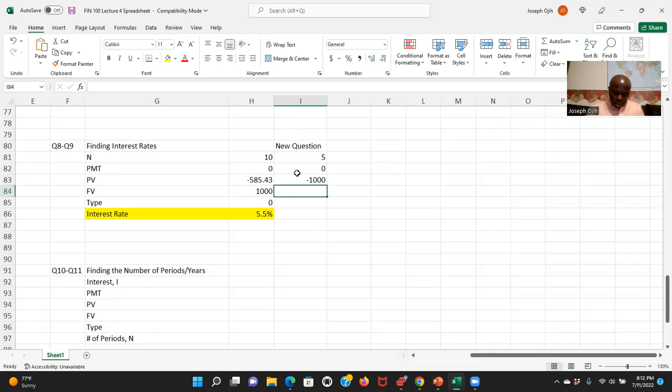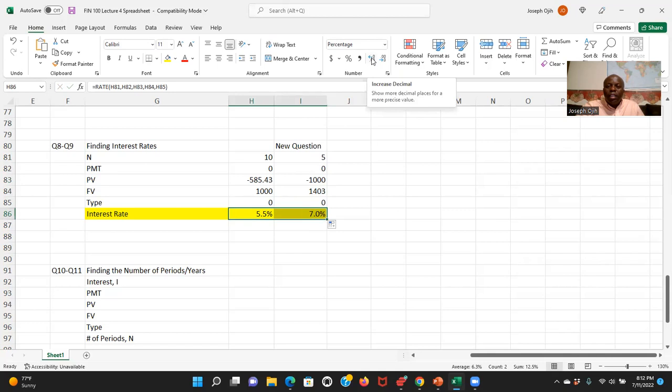Future value is the amount you receive, 1,403. Type is 0. The good thing is that when you do the first calculation, for the second calculation, since you already have the formula, you can just copy it and it will give you the result. It gives you the answer right here, 7%. And if you make it 2 decimal places by clicking increase decimal, it gives you 7.1%.